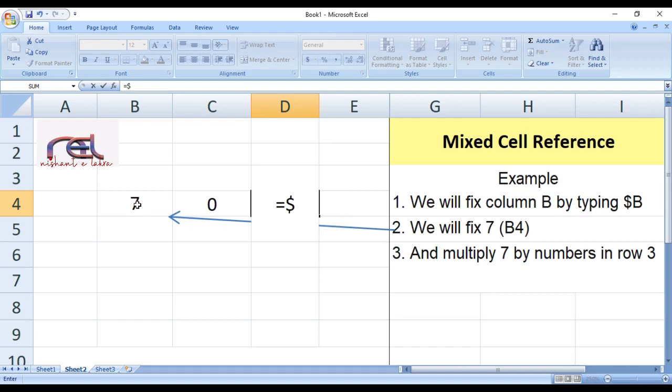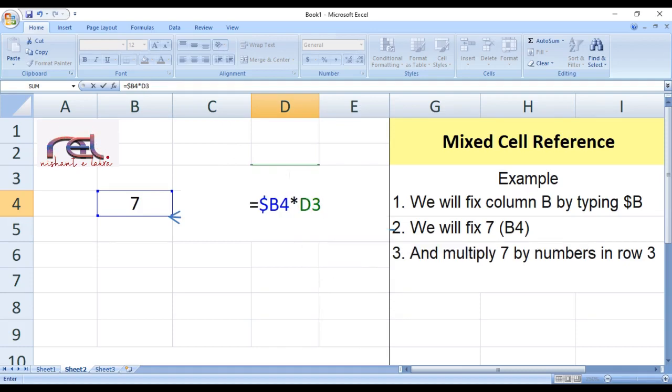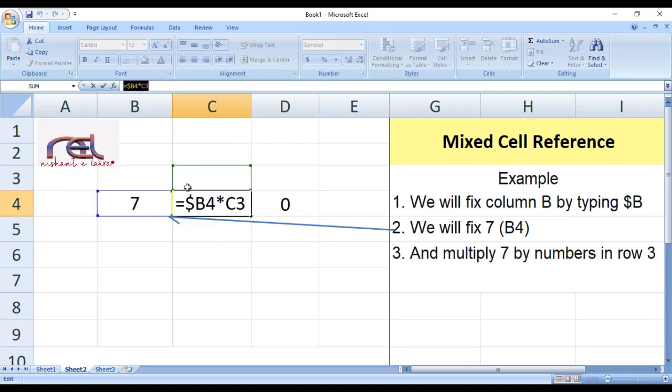To fix 7, we'll use $B4 using the asterisk sign to multiply. Then this 7 is to be multiplied by the number present in D3. We are not fixing D3 or C3. So the formula is entered.